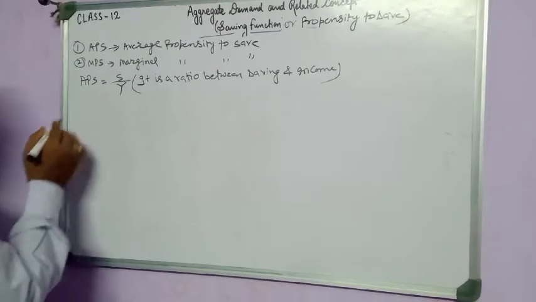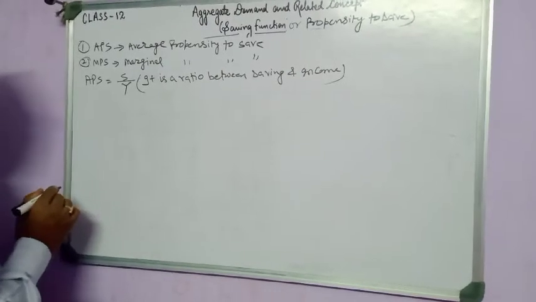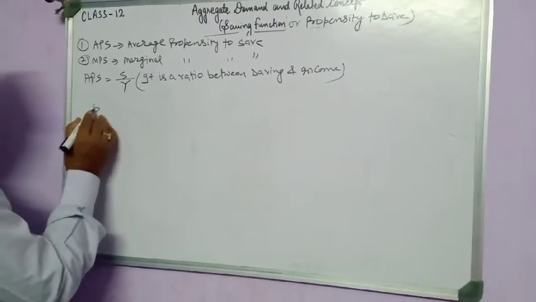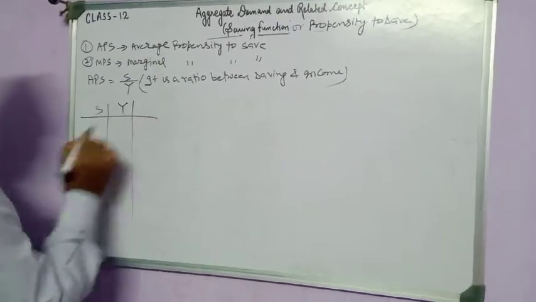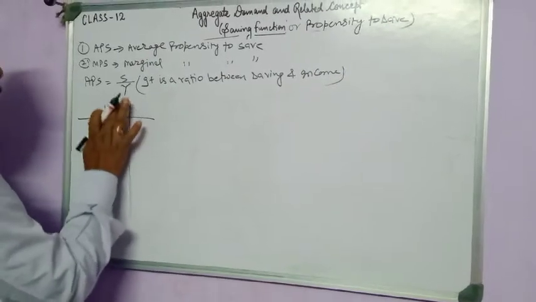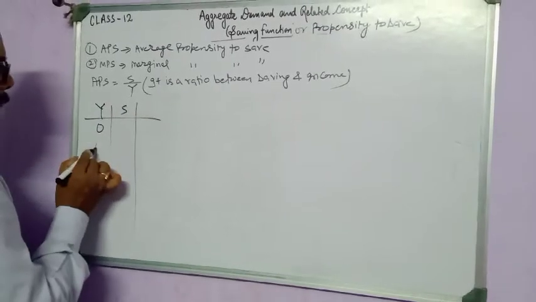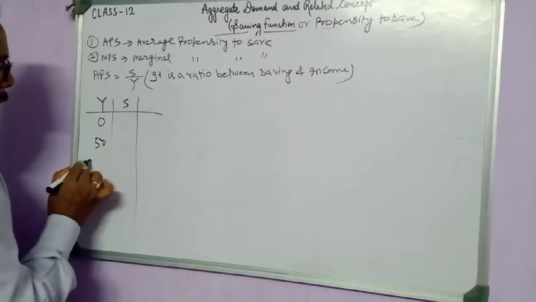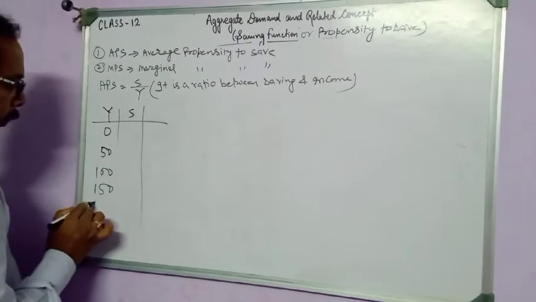So what will be the value of APS? Suppose this is the S and this is the Y. As you know, first that is the Y and this is the S: 0, 50, next 100, next 150, next 200.